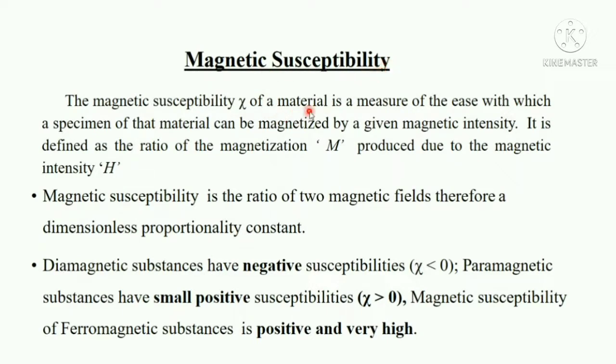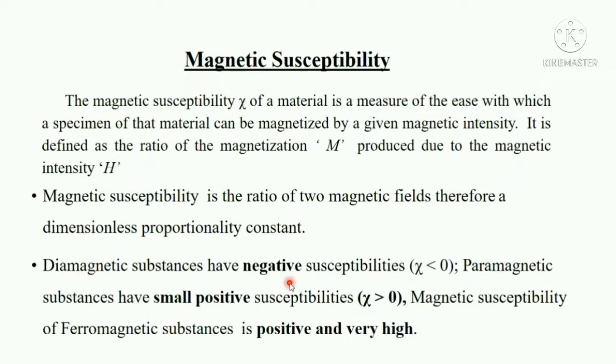So as we know that when a magnetic material is kept in a magnetic field, it gets magnetized. So magnetic susceptibility is a measure of the ease with which a specimen of that material can be magnetized by a given magnetic intensity. So it is defined as the ratio of the magnetization M produced due to the magnetic intensity H. So as it is a ratio of the two magnetic fields, therefore it is a dimensionless proportionality constant.